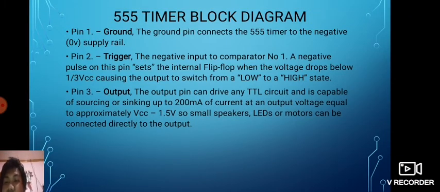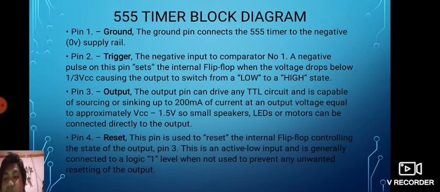Pin 3, output. The output pin can drive any TTL circuit and is capable of sourcing or sinking up to 20 mA of current at an output voltage equal to approximately VCC minus 1.5 volts. So small speakers, LEDs or motors can be connected directly to the output.